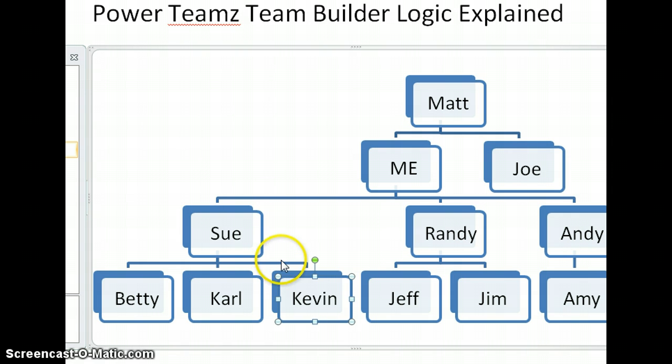At that point, Sue's team is done building. If she happened to be the one that invited Carl and Kevin, by the time you were sending out your invitations, then you wouldn't have to add any more to Sue. She's done. It'll look then to say, okay, Sue has 3, you have 3, so the next thing that happens is Andy.